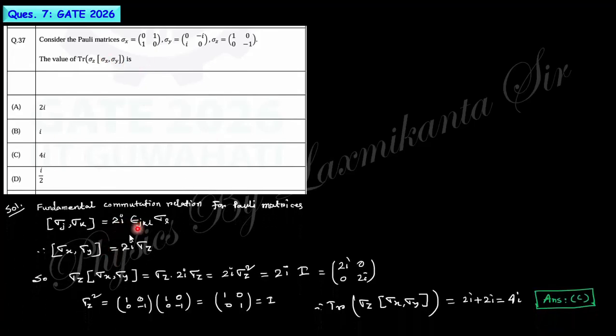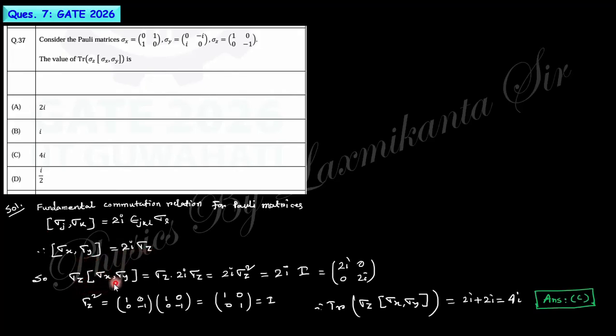Next question, consider the Pauli matrices sigma x, sigma y, sigma z, and the value will be. From the property of Pauli matrices, you know that sigma j sigma k equals 2 iota epsilon j k l sigma l. So sigma x sigma y gives you 2 iota sigma z.